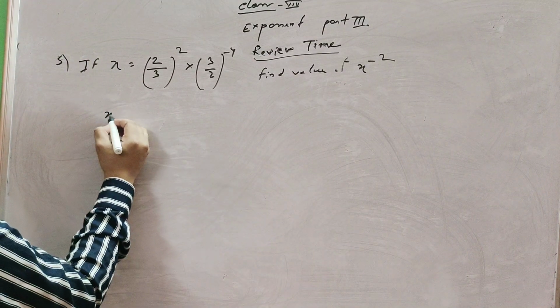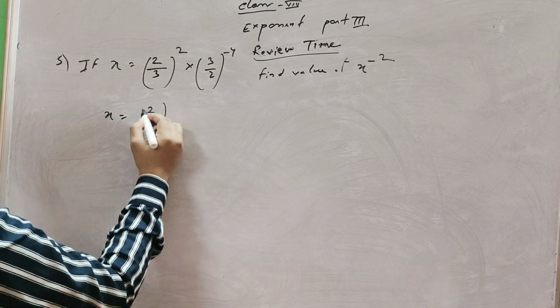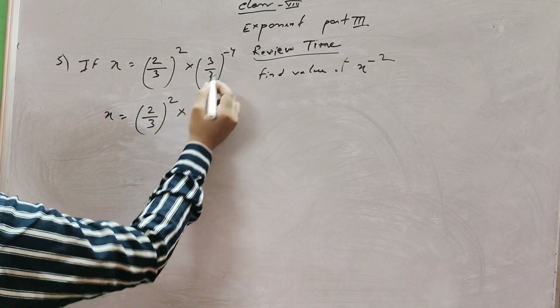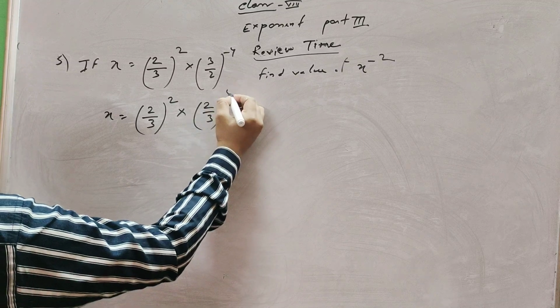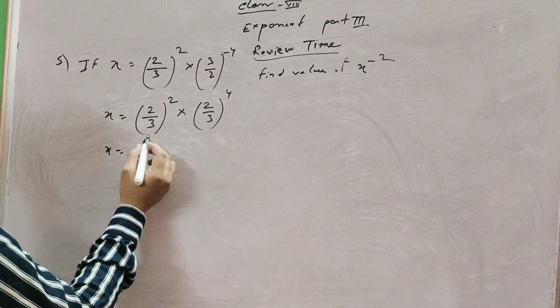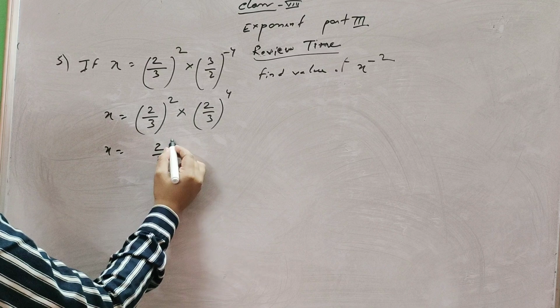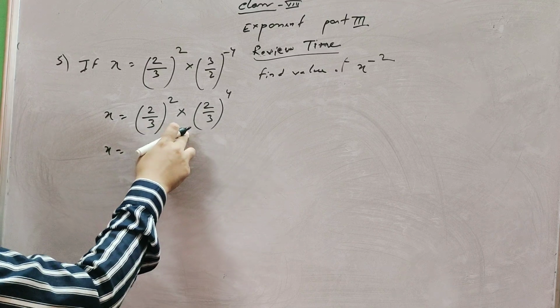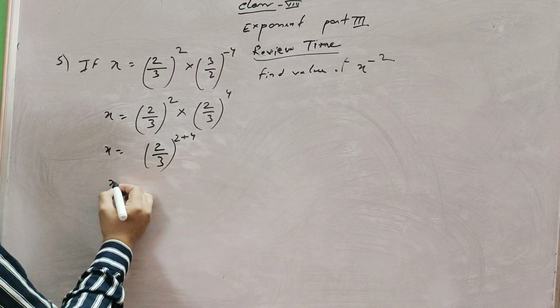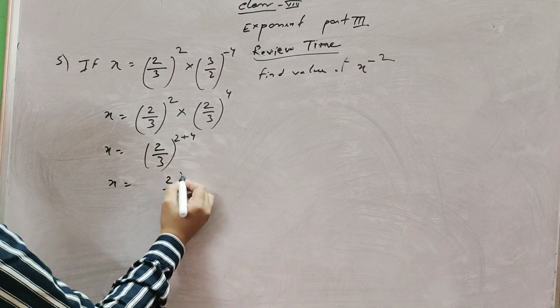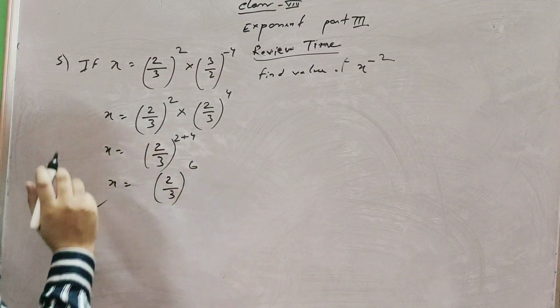So first of all, write x equals 2 upon 3 square. This is a negative exponent. First we'll convert into the positive exponent, that means 2 upon 3 to the power 4. So x equals to 2 upon 3 square. Same base with the multiply, that means powers getting added. So 2 plus 4, that is x equals to 2 upon 3 to the power 6. We get the value of the x.